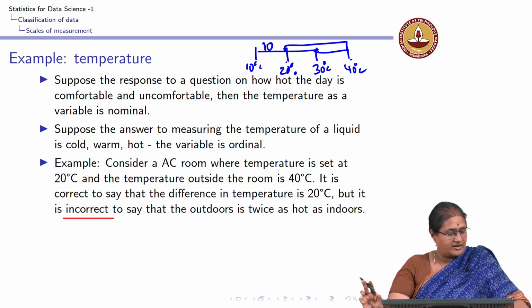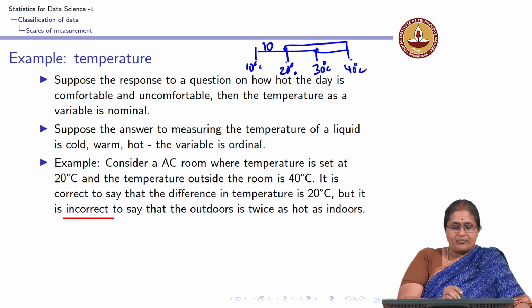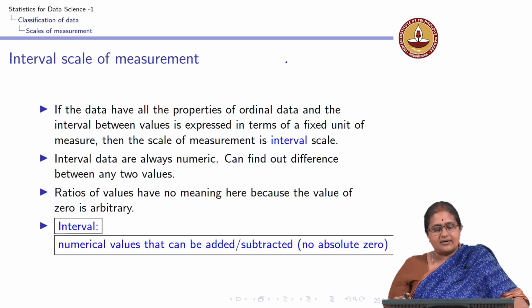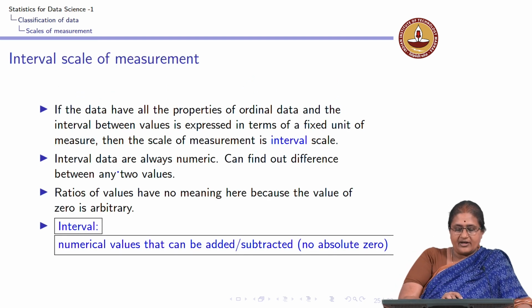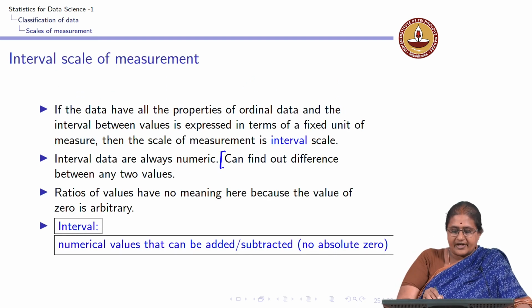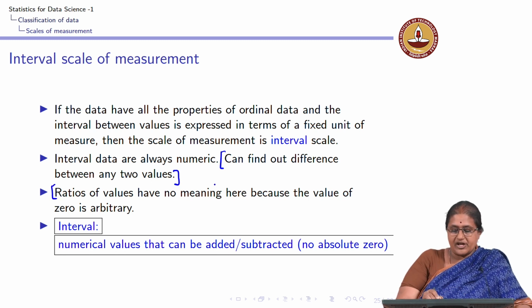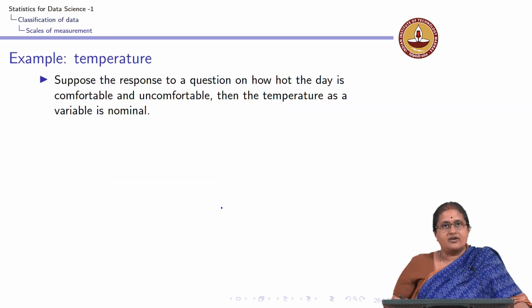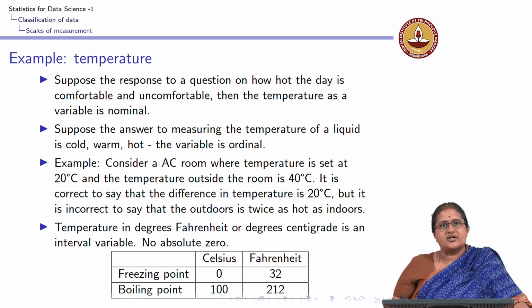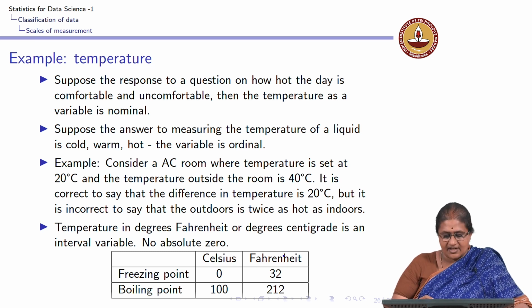That tells me that I can talk about the difference between any two values, but here ratios have no meaning. Again, we understand from temperature, at least when we talk about Celsius and Fahrenheit scales, there is no absolute 0.